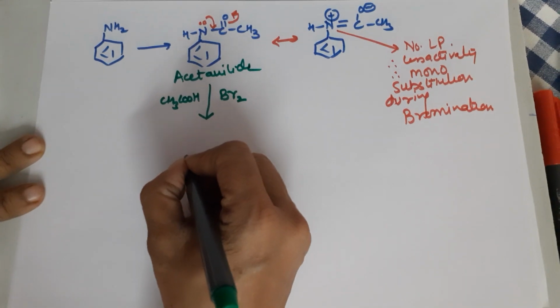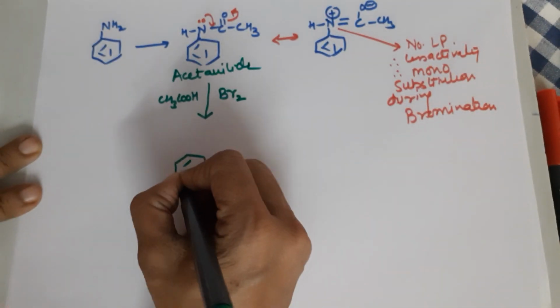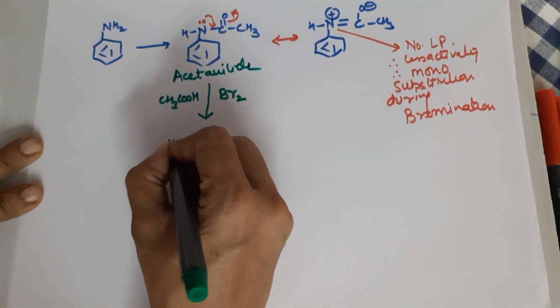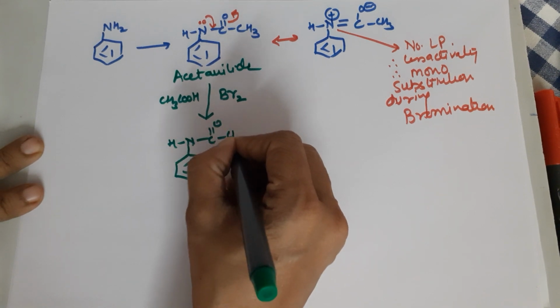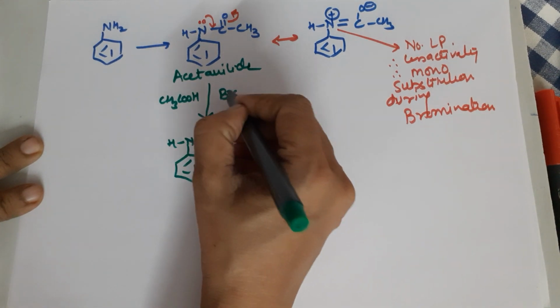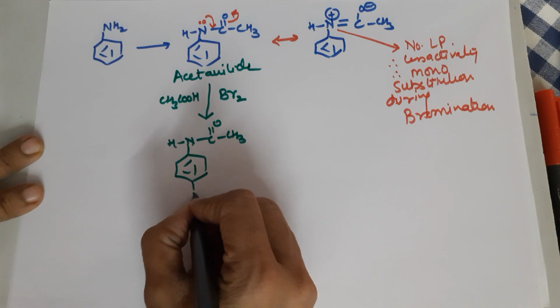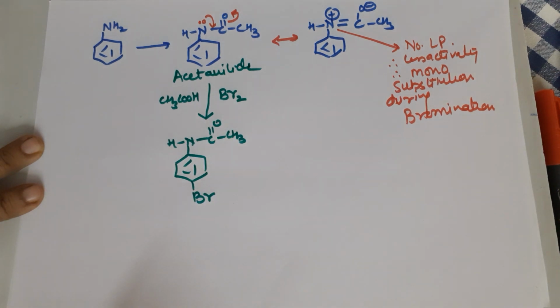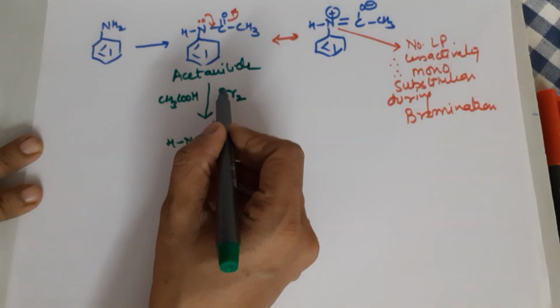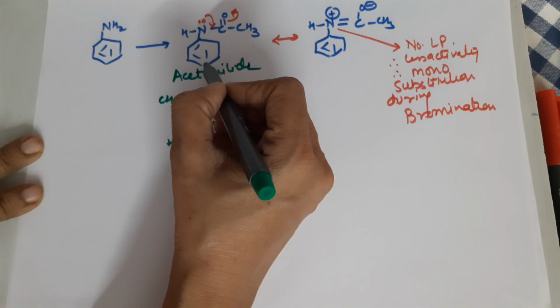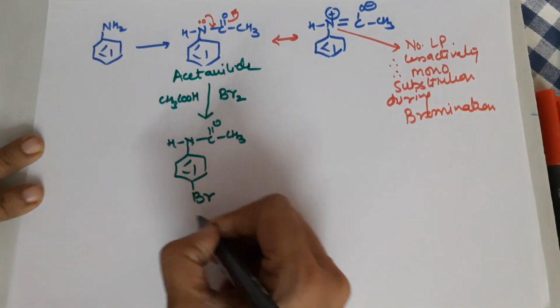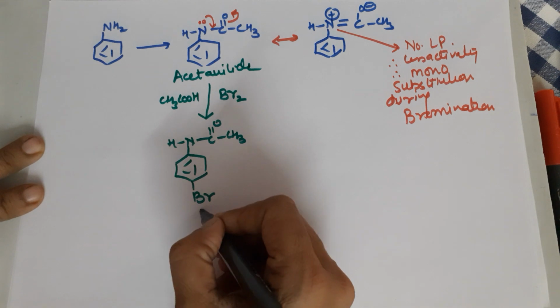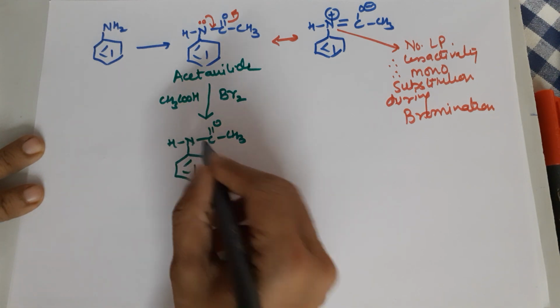Now when you add bromine, there is no change here. This remains. But your bromine goes to the para position here, because this is the less hindered position. It would not go to the ortho. In comparison to ortho, the para position is always less hindered, with less steric hindrance. So you get a para-bromo acetanilide.